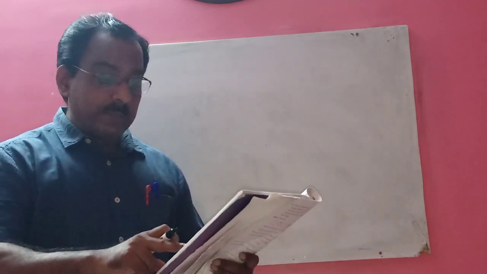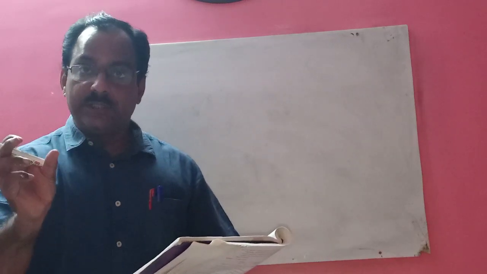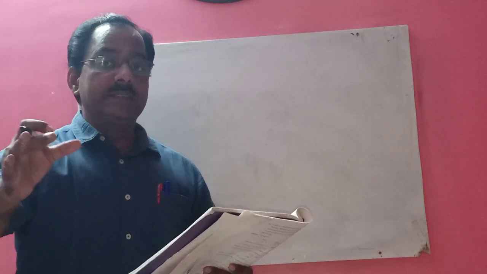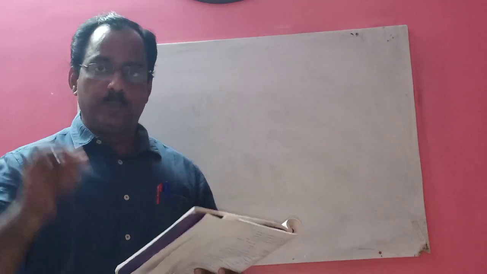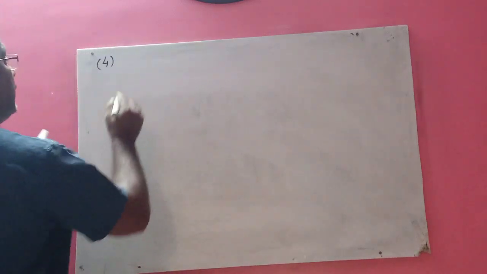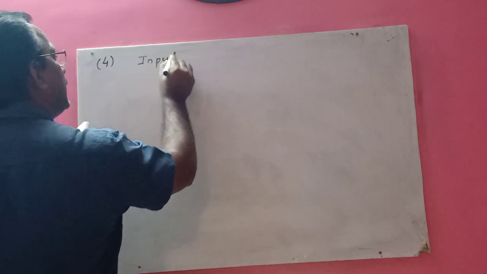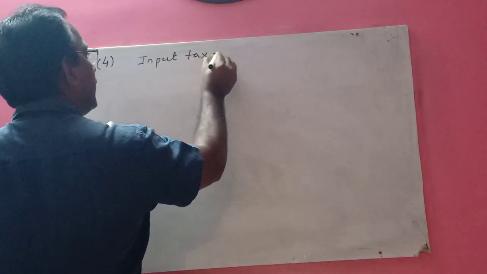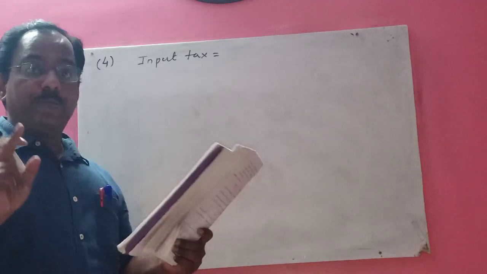And similarly, calculate 5% of 26,500, the selling price, and it becomes the output tax. So first you will write here, input tax is equal to 5% of the purchase price, because the tax is paid at the rate of 5%.